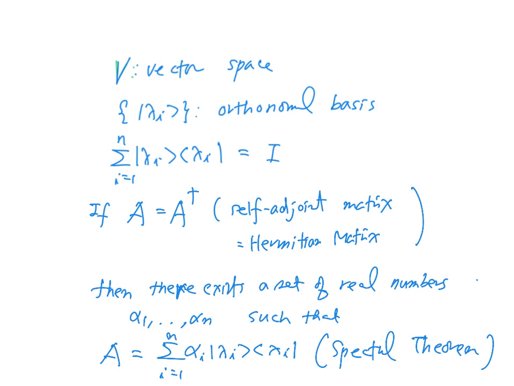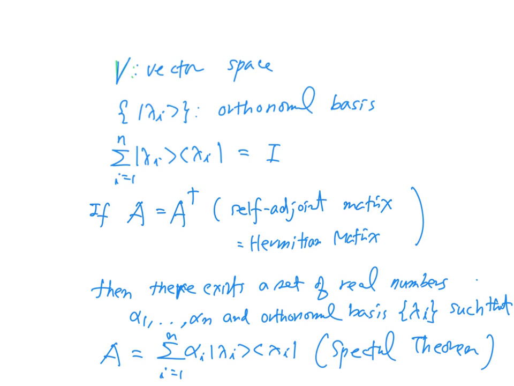The spectral theorem is: if lambda I is an orthonormal basis, then the sum of the outer products is the identity matrix.